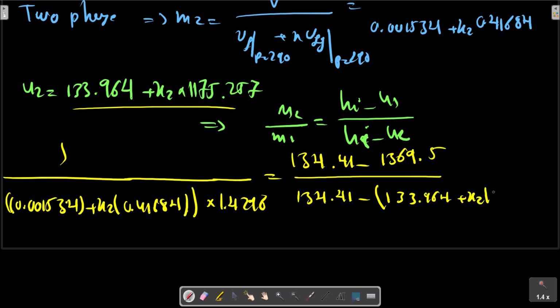X2. From this relation we can obtain x2, it is logical, and we can obtain other desired quantities.